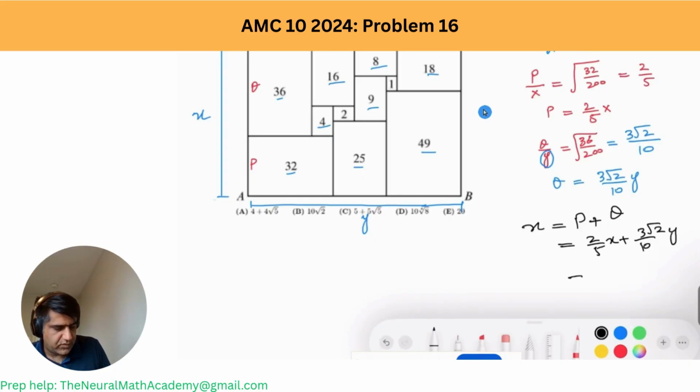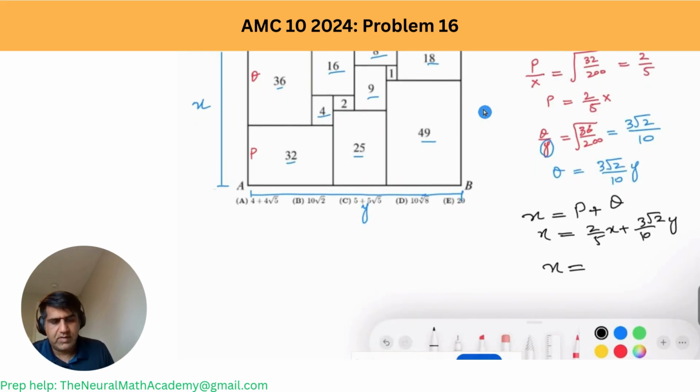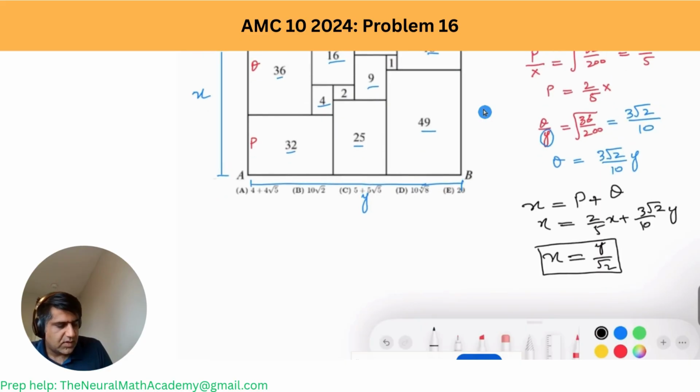Okay, so if we solve this and we find the value of x, then we will get y over square root of 2. Okay, I'm just skipping this step of solving this because it's just simply algebra, and I'm pretty sure you guys can do it yourself.